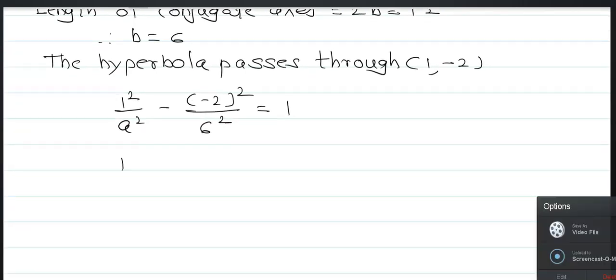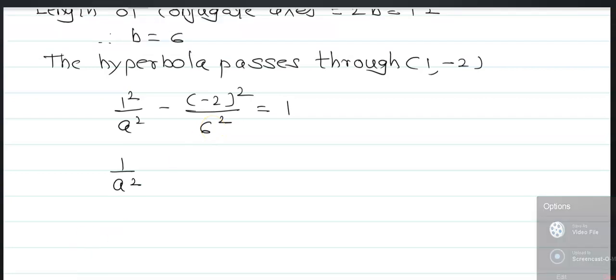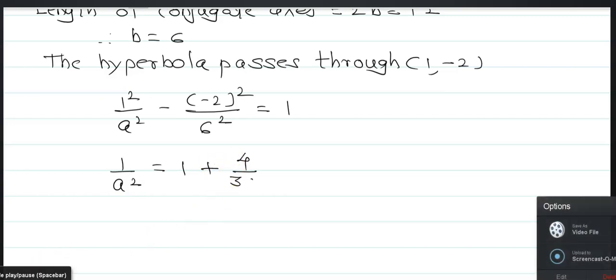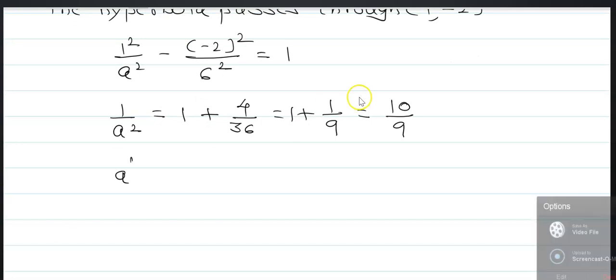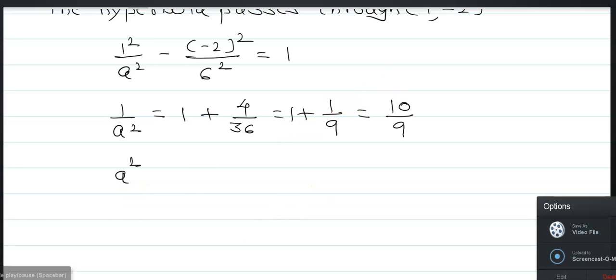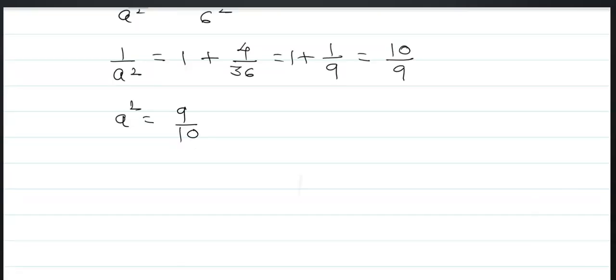Substituting the value of b, that is 6 square, we get 1 upon a square is equal to 1 plus 4 upon 36, that is equal to 10 upon 9. Therefore, a square is equal to 9 upon 10.